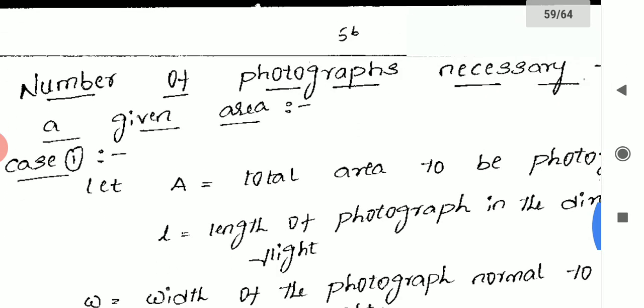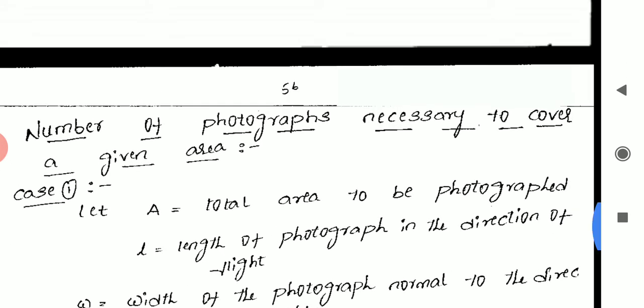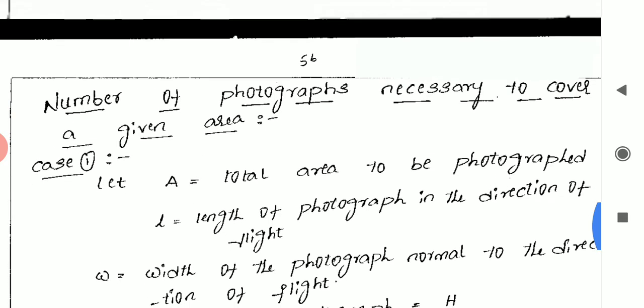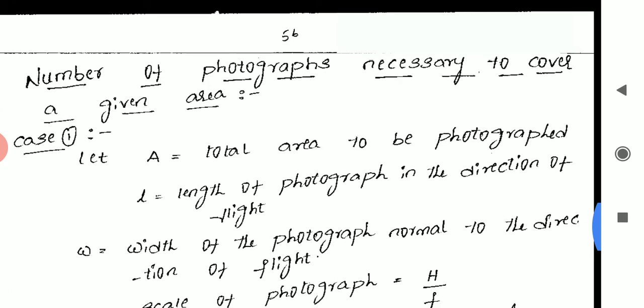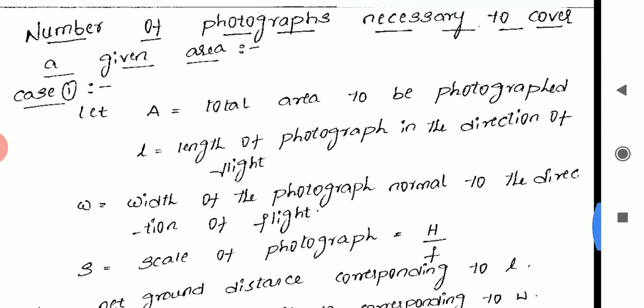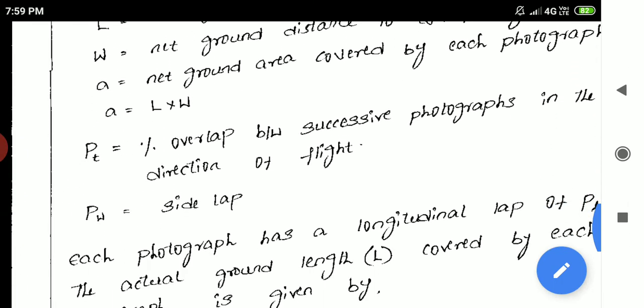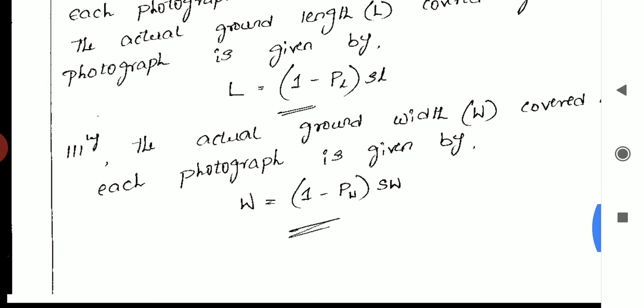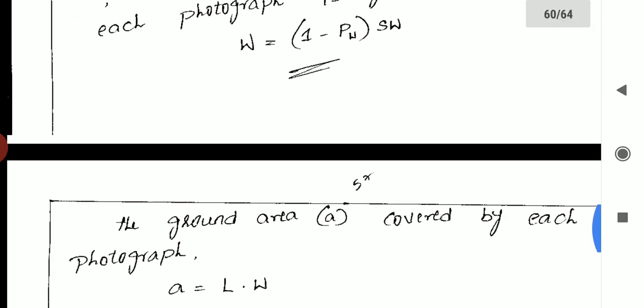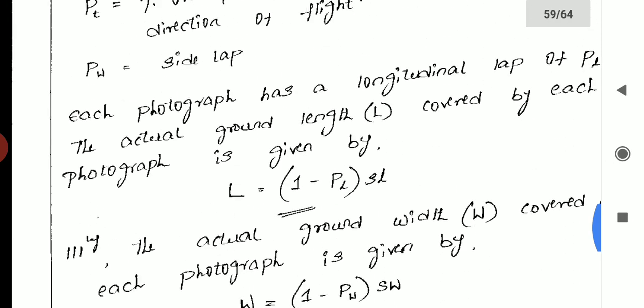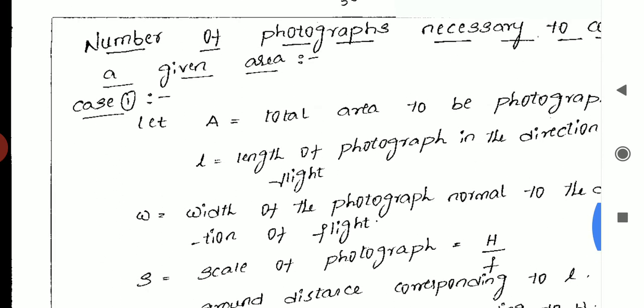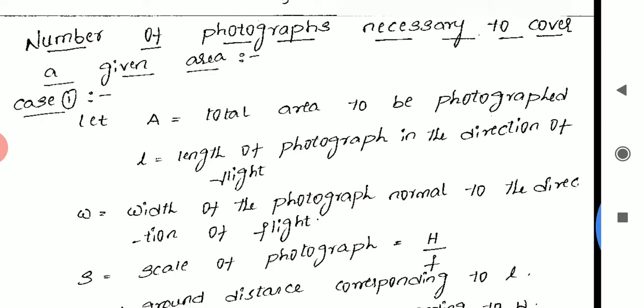Next concept is the number of photographs necessary to cover a given area. In the first case, we have to find the covered area using this formula. A is the total area to be photographed.